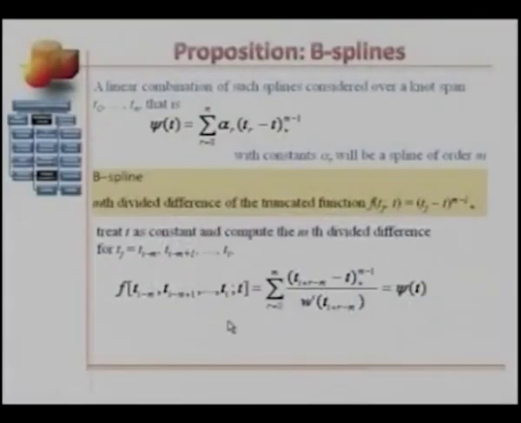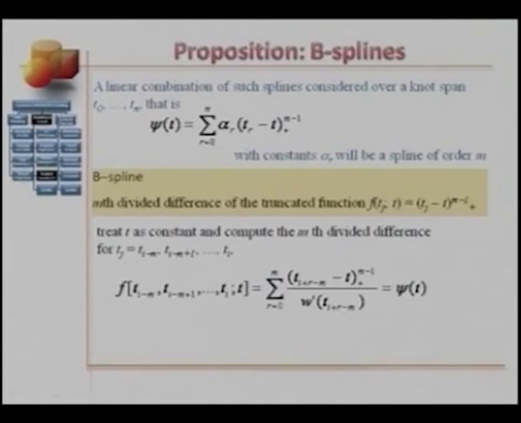Now let's come back to our discussion on B-spline basis functions. So the mth divided difference can be denoted as f[T(I minus m), T(I minus m plus 1) up till Ti : t] equals summation r going from 0 to m of (T(I plus r minus m) minus t) truncated raised to m minus 1 over W prime evaluated at T(I plus r minus m).